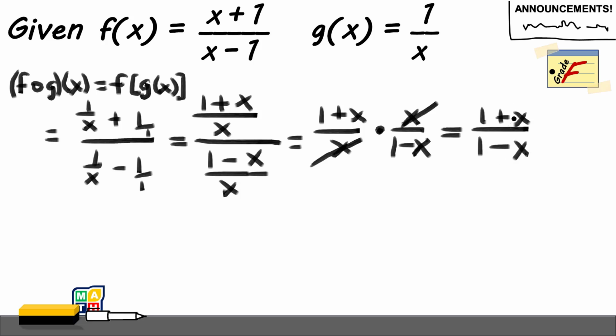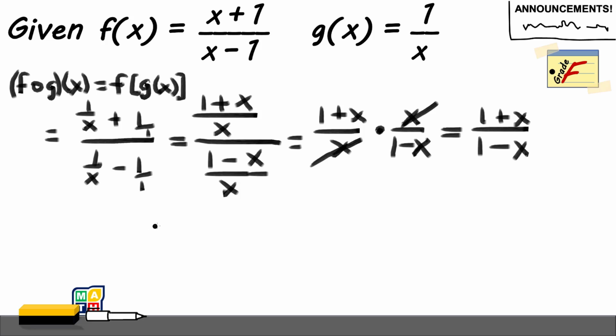Or you can rewrite the numerator as x plus 1, but you cannot write the denominator as x minus 1 because subtraction is not commutative. This is not the same as the original f of x. Your numerator may be rearranged, but your denominator cannot be.